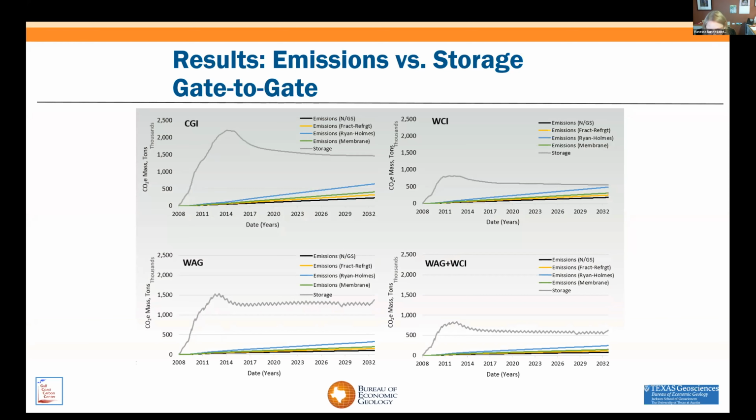So these are the results. Here, we superimposed the cumulative carbon storage curve, which is what you can see in the gray line. This is the carbon that is stored through the process of EOR for the 4 CO2 injection strategies: continuous gas injection, water curtain injection, water alternating gas, and a water curtain injection with a WAG inside of the water curtain.